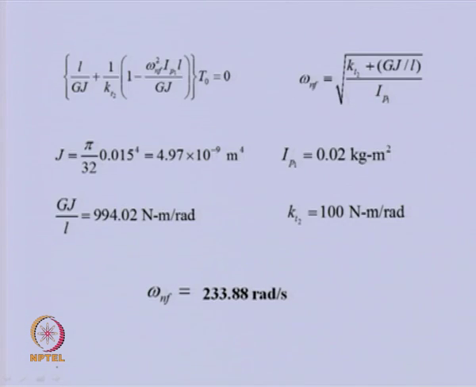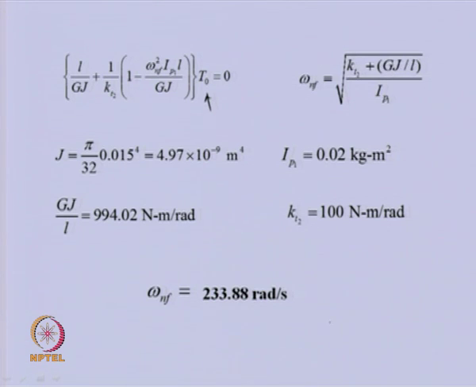So you can see this is the frequency equation in which we are equating this term to 0, because this cannot be 0. So we will get the natural frequency as this. This is the stiffness of the spring, and this is the stiffness of the shaft.